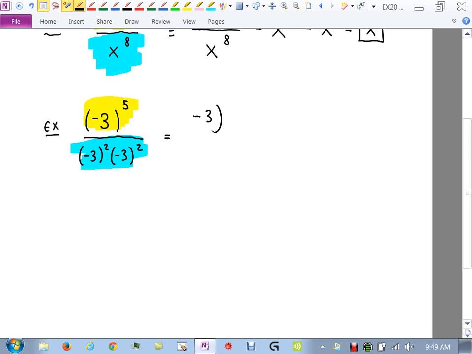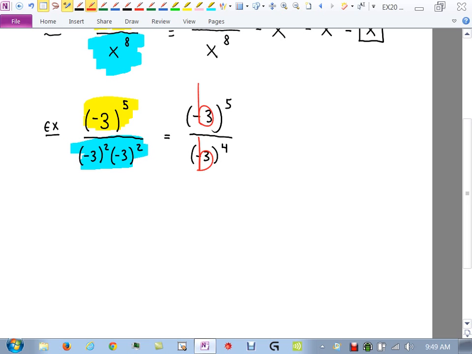So if I do the bottom, negative 3 to the 5th, I leave that one alone. On the bottom, what will this become? Negative 3 to the 4th. It's still negative 3, right? You're not multiplying negative 3 times negative 3 here. You're leaving the base exactly the way it was, which is negative 3. And then I'm adding the exponents. 2 plus 2 is 4. Now I have b to the 5th over b to the 4th, don't I?